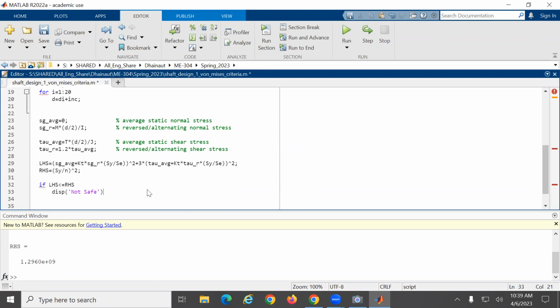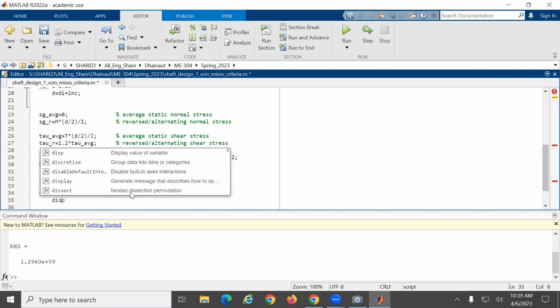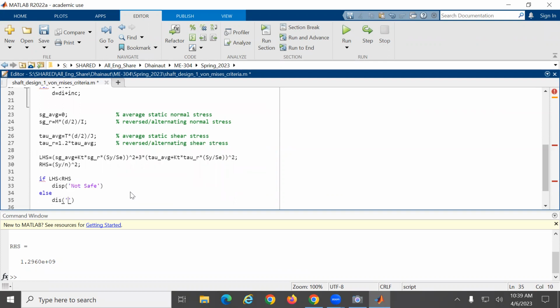Less than that. Either it's equal, then it's safe. That's fine. All right. Else display safe design.